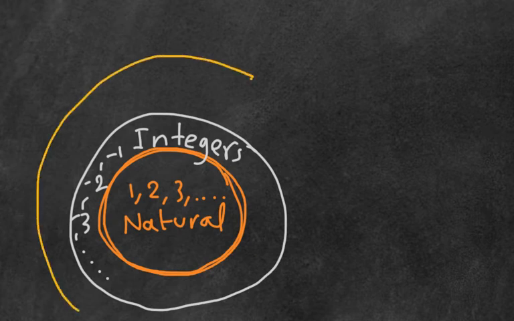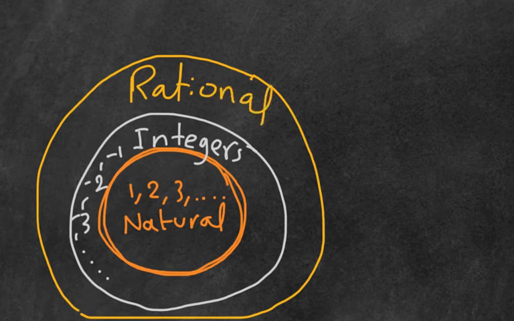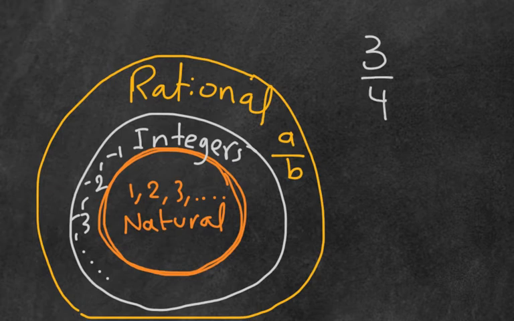We said rational numbers mean any number that we can write as a fraction, where a and b are integers. Like this, 3 over 4 is rational.